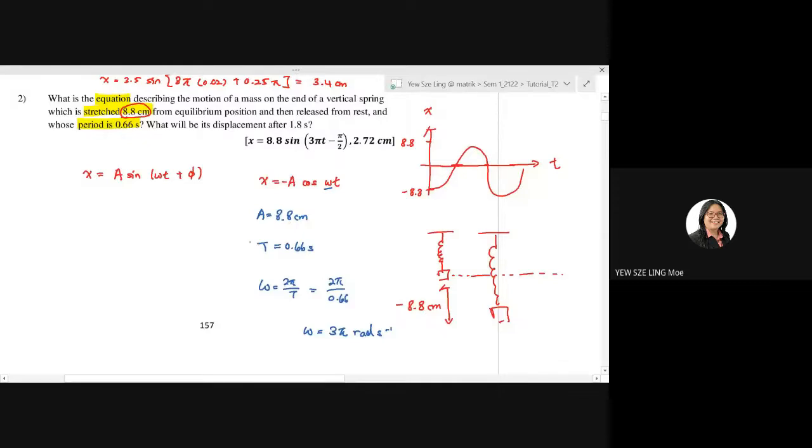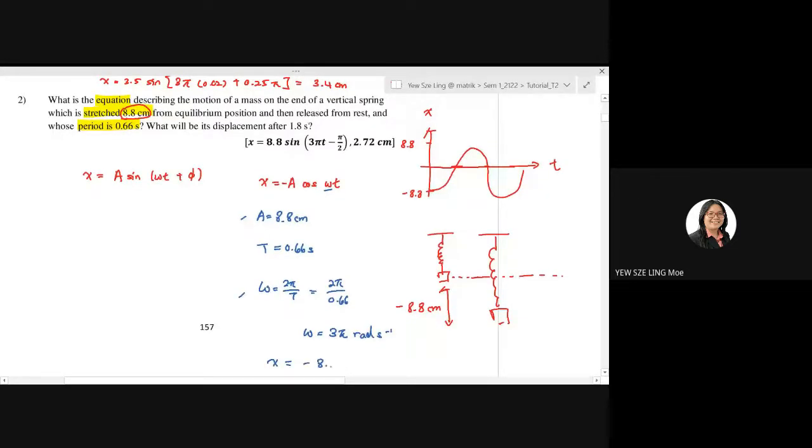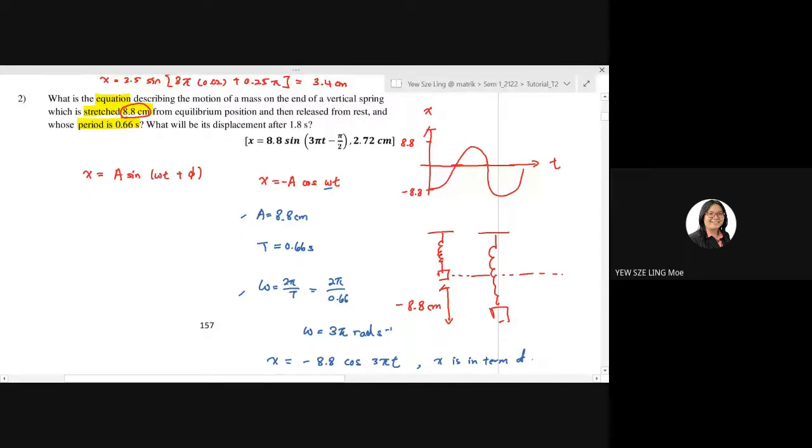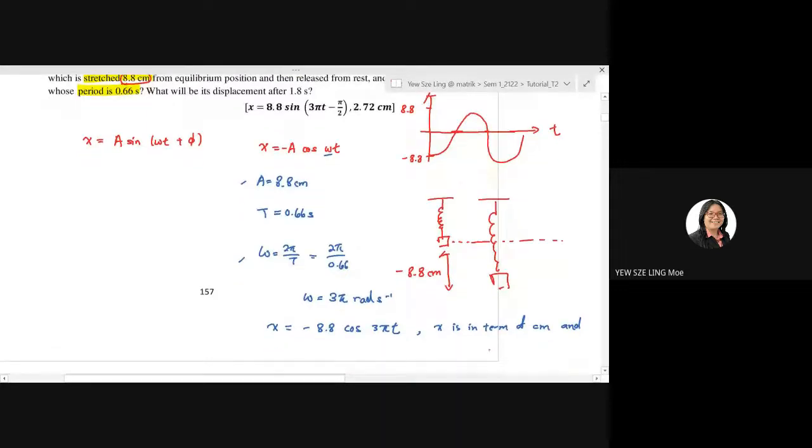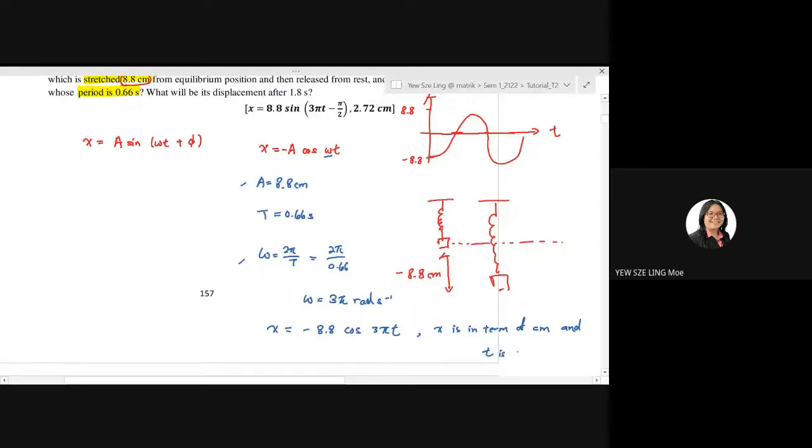So now that you have A and you have omega, you can form the equation. x equals negative 8.8 cos 3 pi t. Here x is in cm, and t is in second.